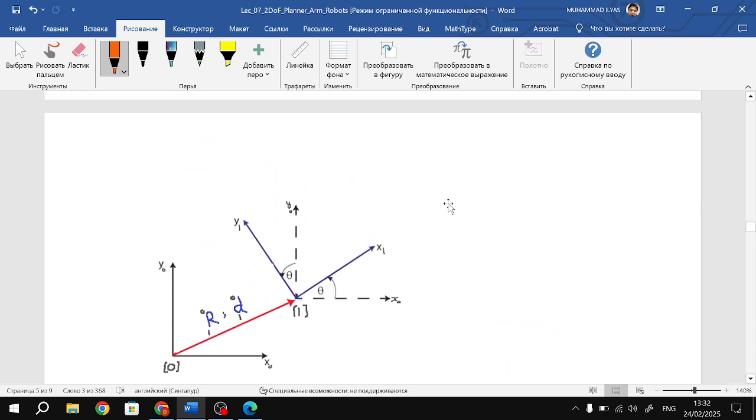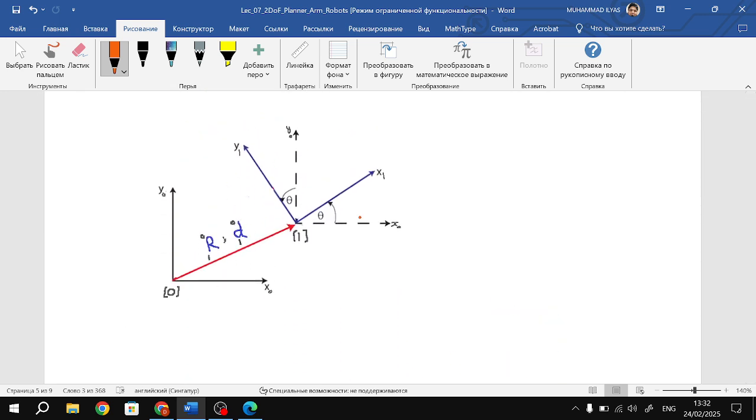Okay, this is a review. Between two frames, frame 0 and frame 1, what is the meaning of this HTM 1 to 0? It means you want to find the rotation matrix between frame 1 and 0, and the displacement between 1 and 0, and then there are 3 zeros, and then there is 1.